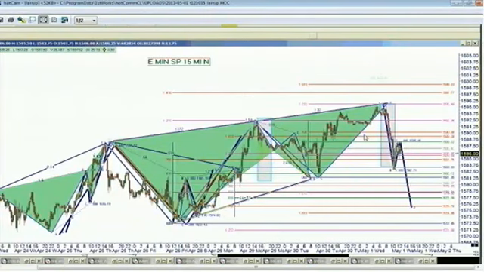Longer term, it still looks like it's making some type of a major top, but it just keeps ratcheting higher. There's no indication that there's something out here other than the fact that there are so many people that are bullish. There are a few bears around, but it is still looking very, very toppy.